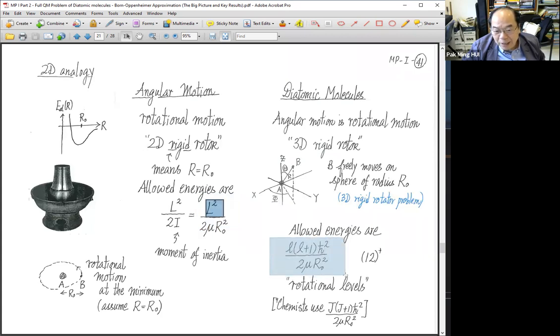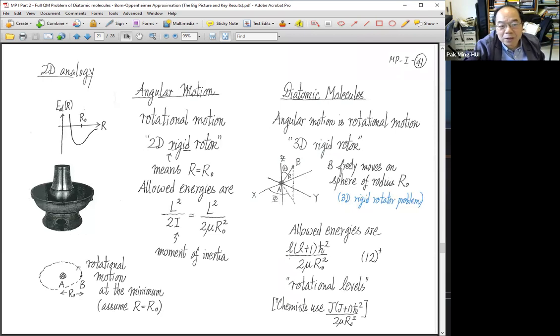So this will be the allowed rotational energy of a diatomic molecule. This is the reduced mass of the nuclei. This is the bond length. And L runs from 0, 1, 2, 3, 4, and so on, positive integers from 0 onwards. So this is the rotational part.